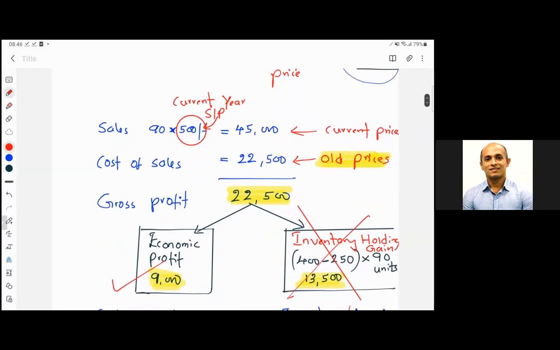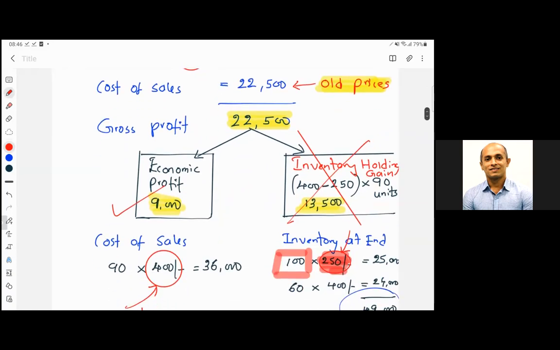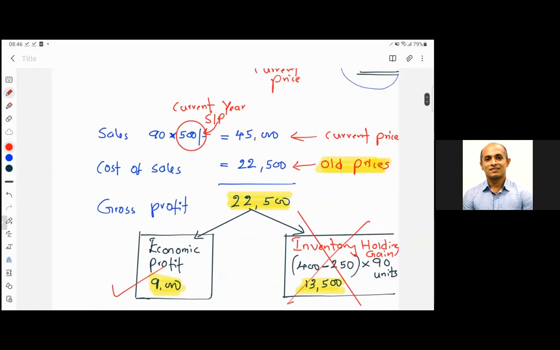Cost of sales is at old price under FIFO costing. Therefore, your profit includes inventory holding gains. The meaning is that changes in price level have an impact on your profit. Therefore, profit value is not good for your analysis.